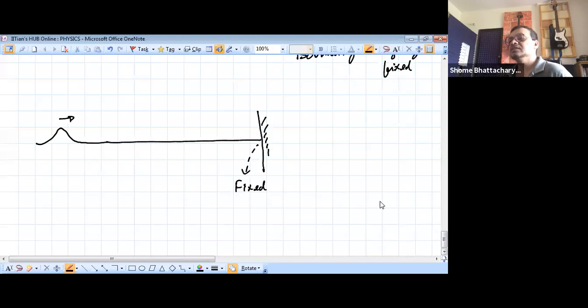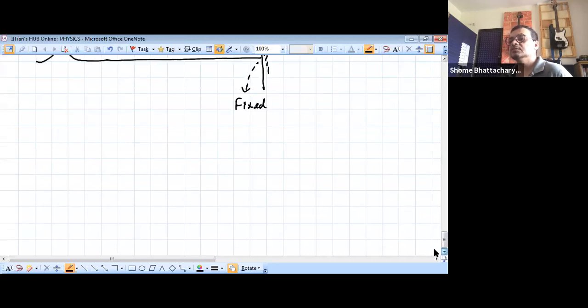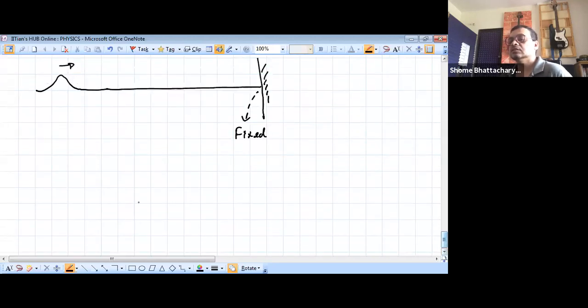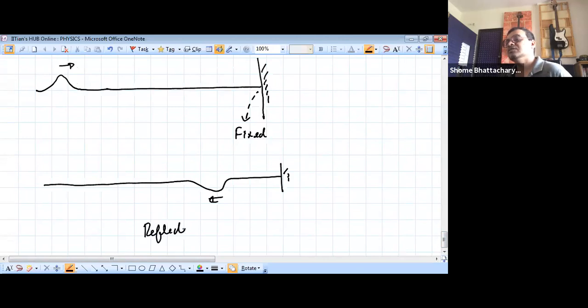So one interesting thing we'll see is that such a pulse, when it reflects and comes back, it always comes back with inverted phase. What we see is when it reflects and comes back, the reflection or the reflected pulse in this case is phase inverted.